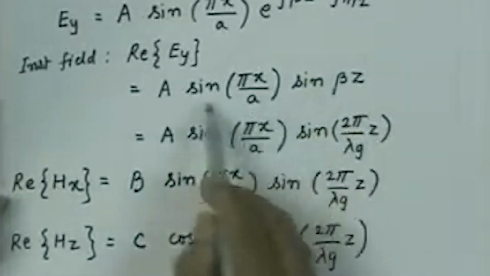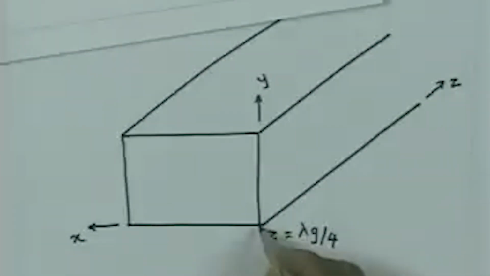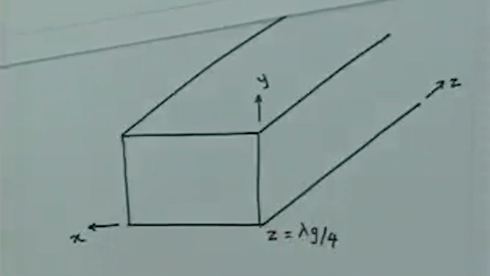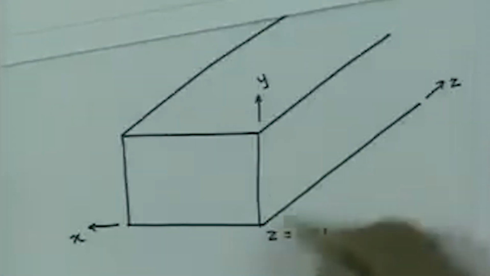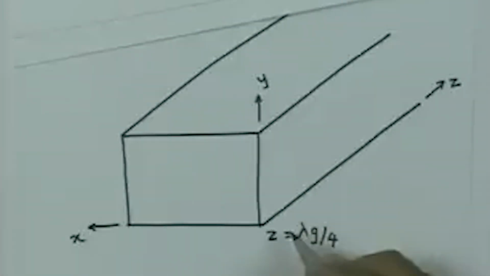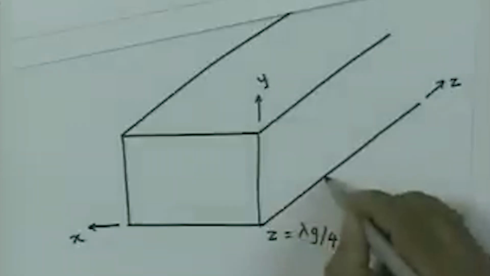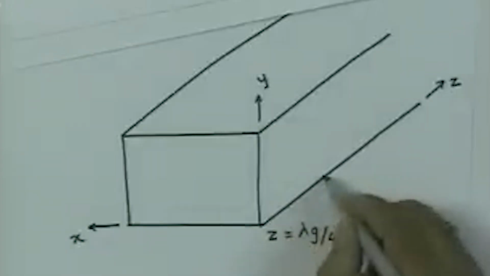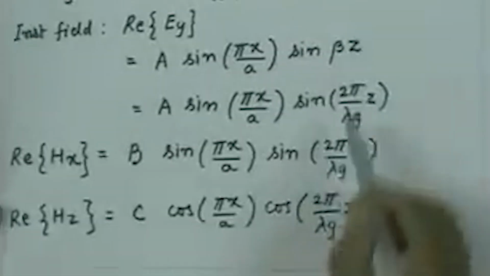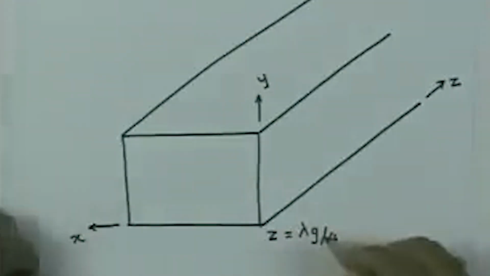Now, the field in the X direction has a sinusoidal variation, it is 0 here, it is maximum halfway, and then it is 0 here again. It also has a sinusoidal variation in the Z direction with maximum at this location, which is lambda g by 4. If I go a distance of lambda g by 4 from here, that means at Z equal to lambda g by 2, this quantity will go to 0, then the fields will reverse and so on.